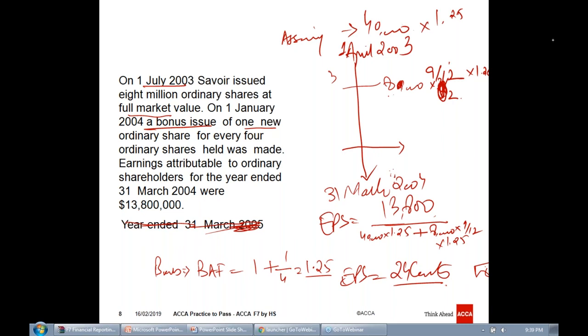That's not the problem, but the easiest way to solve the bonus case is here, you can see on the screen. There could be multiple ways to calculate the weighted average shares, but I'm telling you the shortest way. Any question relating to bonus?